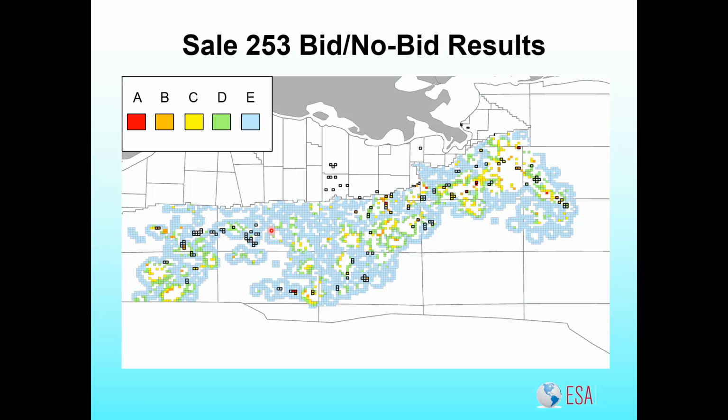Big kind of clump of blues, and that's something that fairly often happens, is these blocks don't look of any particular interest to us in a general sense. And like I said, our model is like a third person on the outside looking at these blocks. Whatever company bid on those did some particular individual analysis. They probably had some seismic data that we don't have, and that's why they're making bids like that.